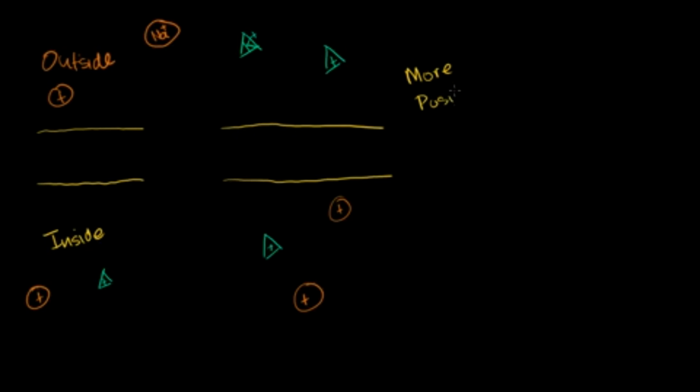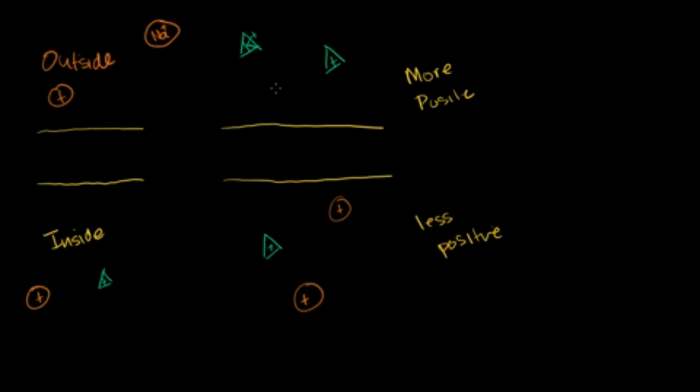More positive, and we could say less positive. So this is an electrical potential gradient. If this is less positive than that, if I have a positive charge here, it's going to want to go to the less positive side. It's going to want to go away from the other positive charges. It's repelled by the other positive charges. Likewise, if I had a negative charge here, it'd want to go to the other side, or a positive charge would be happier being here than over here.